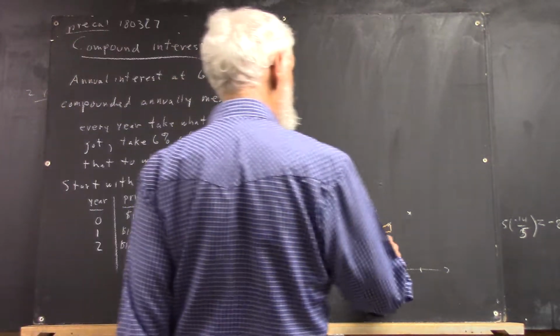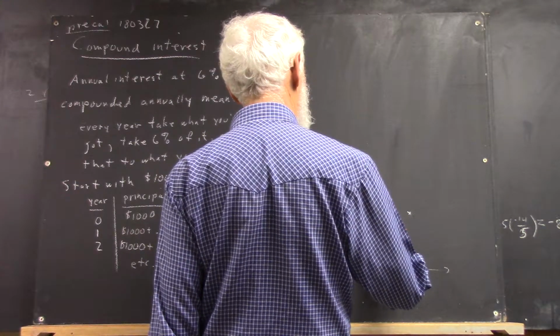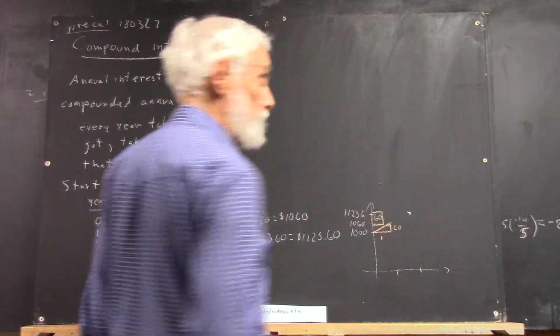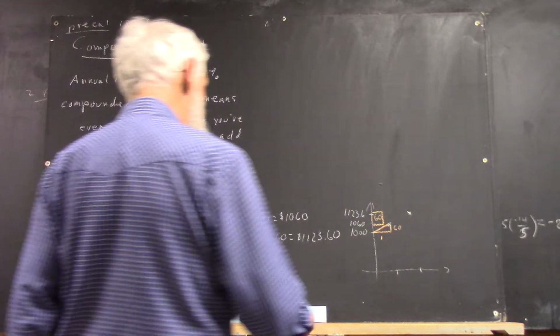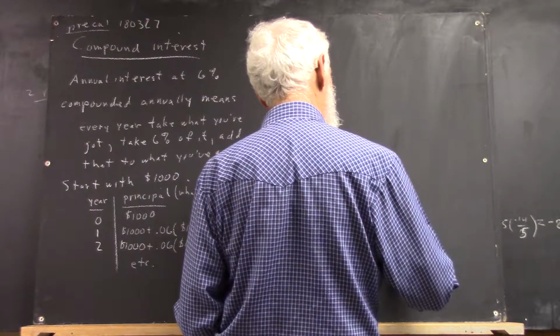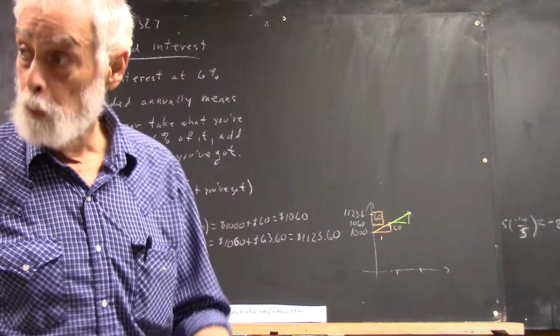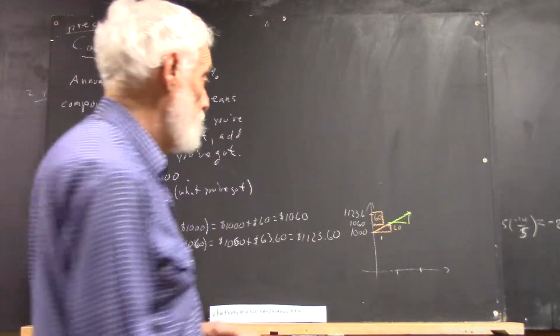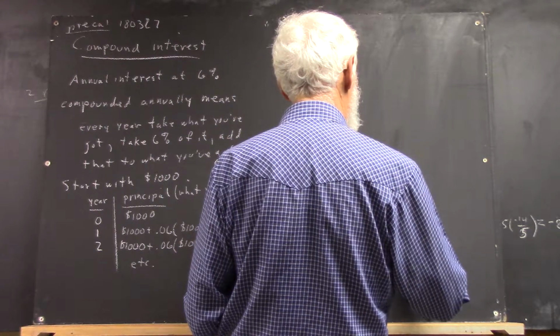My run is 1, my rise is 60, so my slope is 60. Okay? If I do a fundamental triangle between this point and this point, what do I get? Well, again, my run is 1, right?